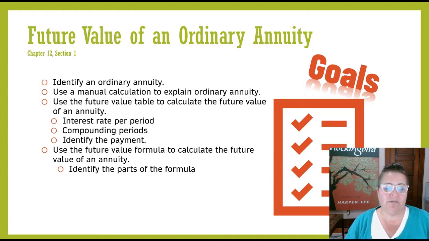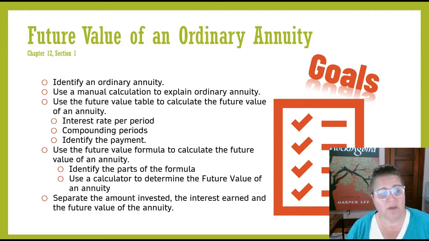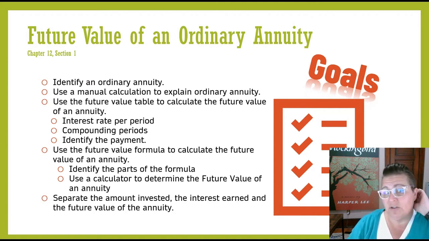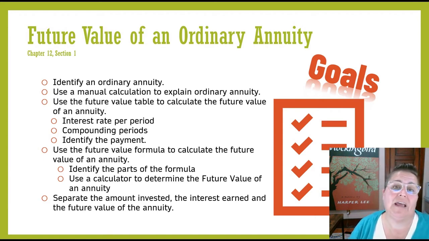Again, being able to identify the different parts of that formula and use a scientific calculator to determine the future value. As always, we want you to be able to separate the amount of money that's actually invested from the interest earned on the account and the future value of that annuity.